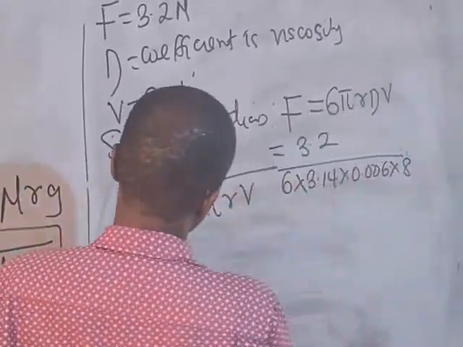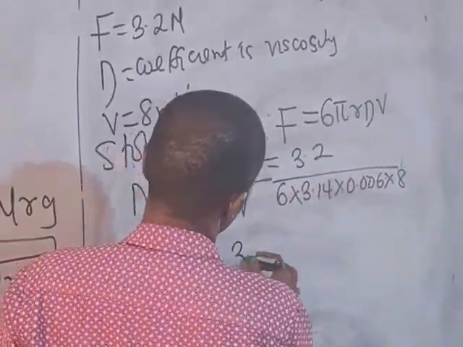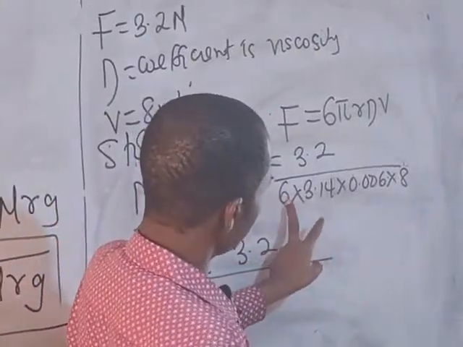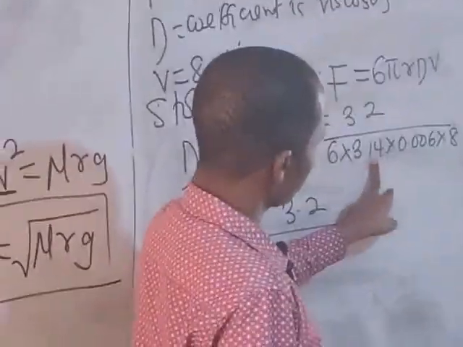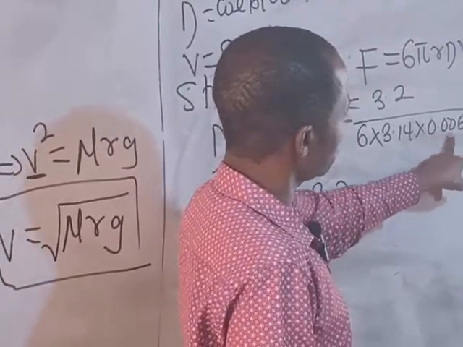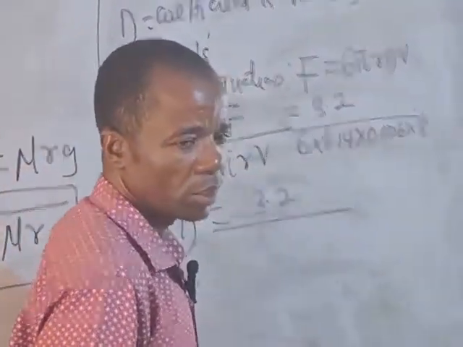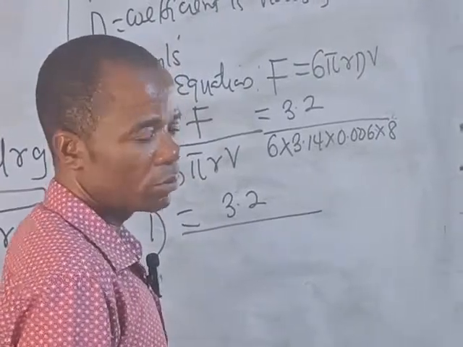So the coefficient is 3.2 divided by 6 times 3.14 times 0.006 times 8. Everything multiplied. What do we have?